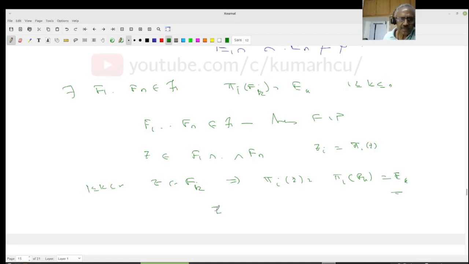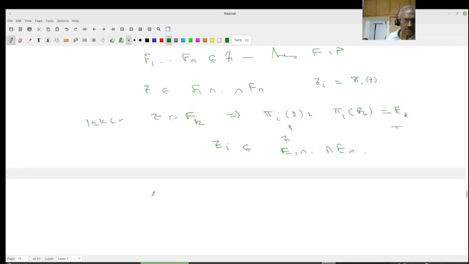That means my z_i belongs to E1 intersection ... intersection En. So pi_i of script F has FIP.